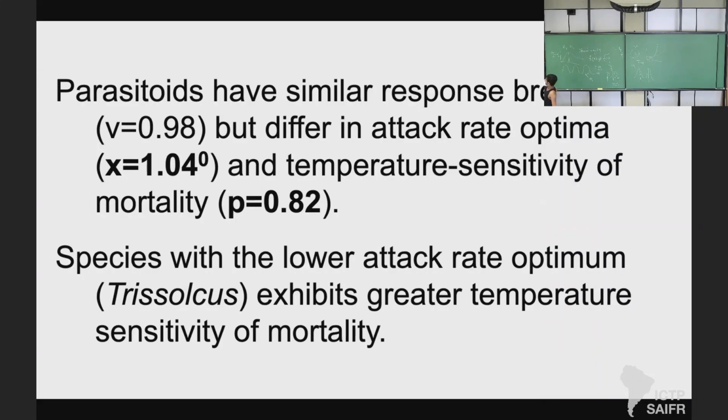Those values don't mean much to you, but the species with the lower attack rate optimum, which is the IG prey, exhibits greater temperature sensitivity of mortality.